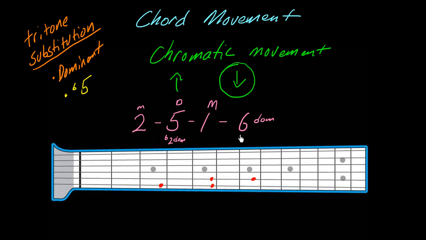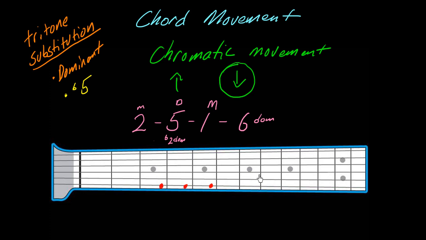But if you used a tritone substitution for this 6 dominant and this 5 dominant, this is what it would look like. 2 would be played here. 5 is here, but remember, I'm going to tritone substitute to the 2 here, to the 1 here.